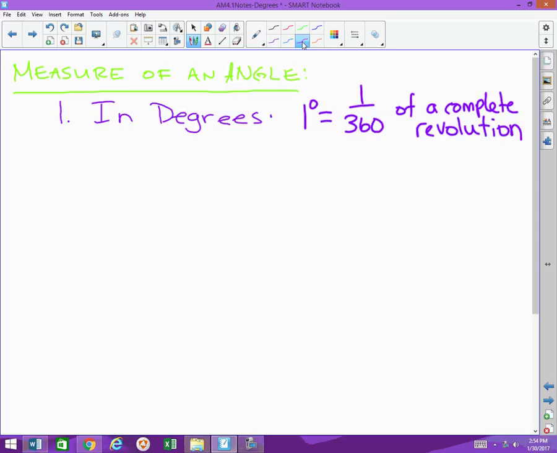And so that means there are 360 degrees in one revolution. Or you can say there's 360 degrees in a full circle.